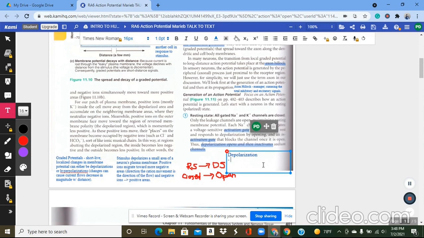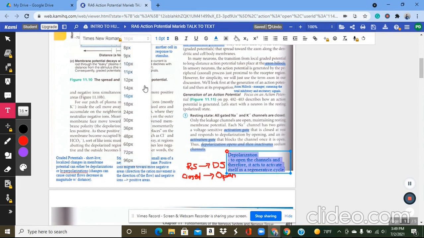So yeah, depolarization is necessary in order to open these channels, and therefore it acts to activate itself in a regenerative cycle. Regenerative cycle. Let me just make this a bit smaller so there's space for me to add more information.